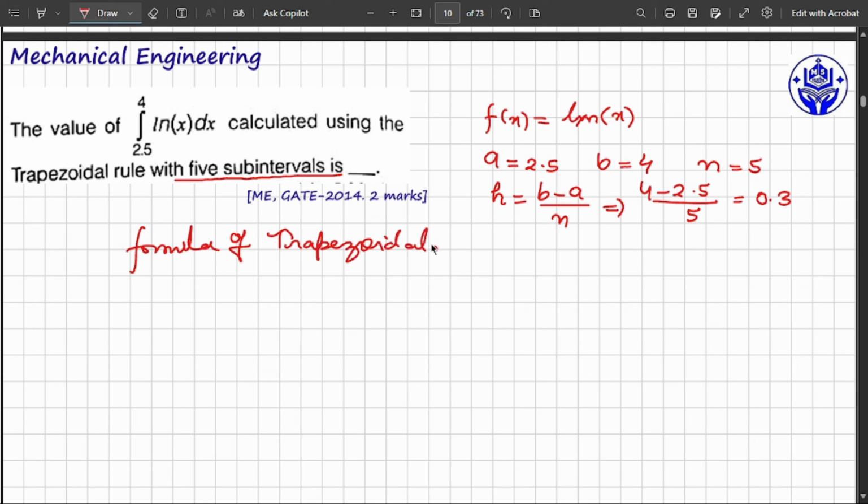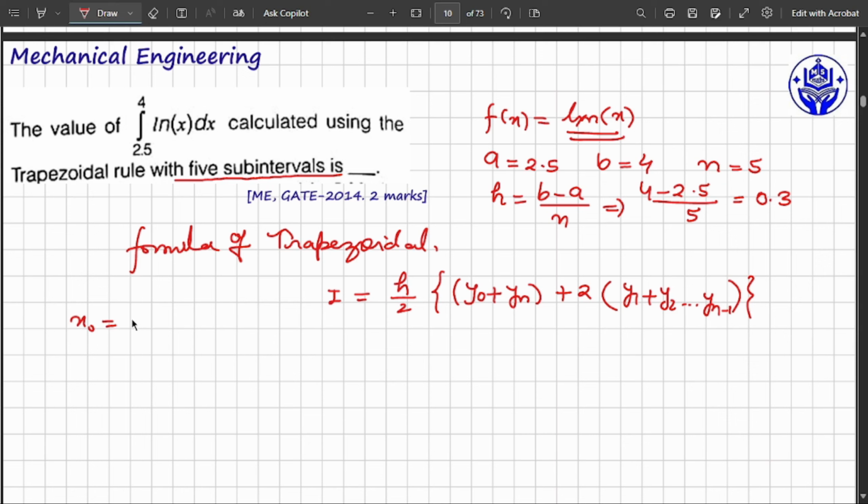Now the formula of trapezoidal: I equals h by 2 times, y0 plus yn, the last term, plus twice of all remaining terms, y1 plus y2 up to yn minus 1. Now you put x0 equals 2.5, and the log of 2.5 is the value I have calculated, 0.1963.